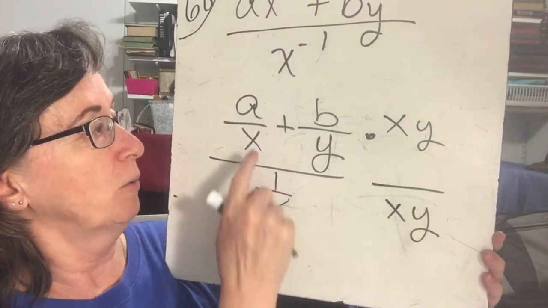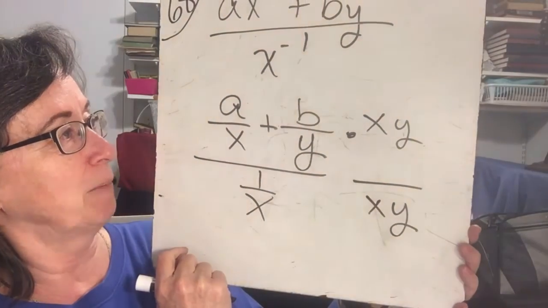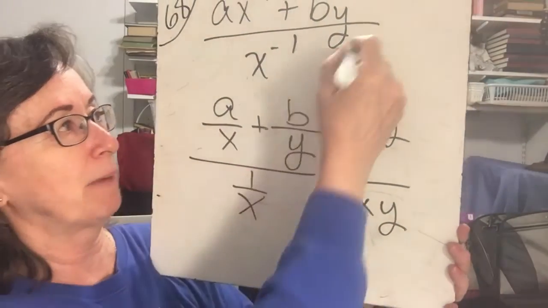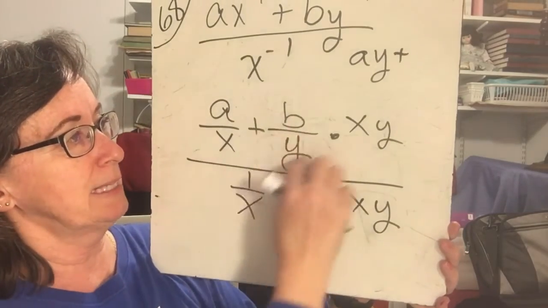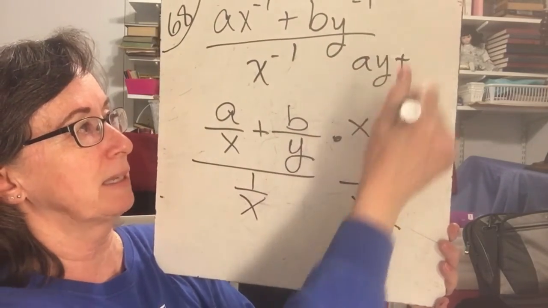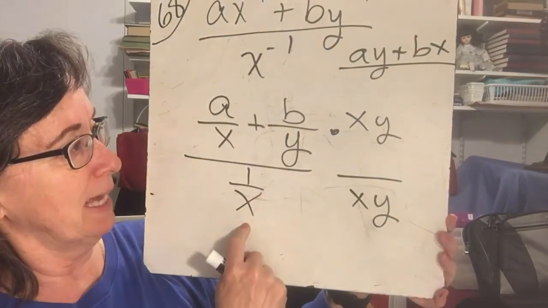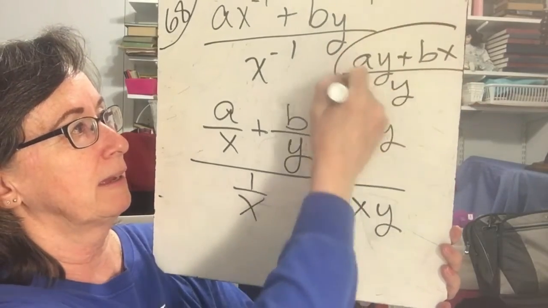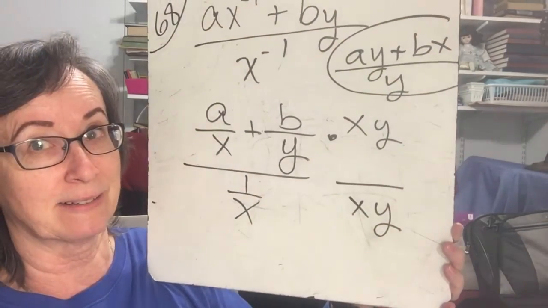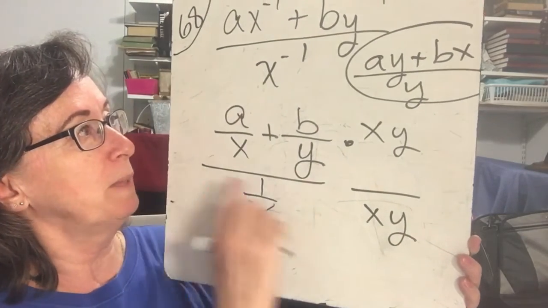So if I multiply this by xy, then I would get what? The x's would cancel and I would get ay. If I multiply this by xy, the y's would cancel and I'd get bx. And if I multiply this by xy, the x's would cancel and I'd just get y. So there's our answer.